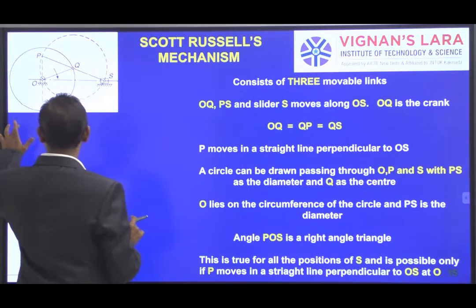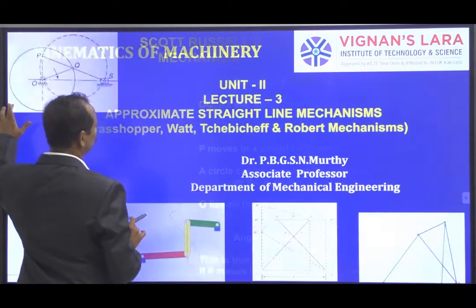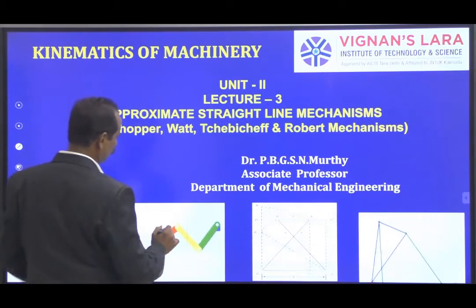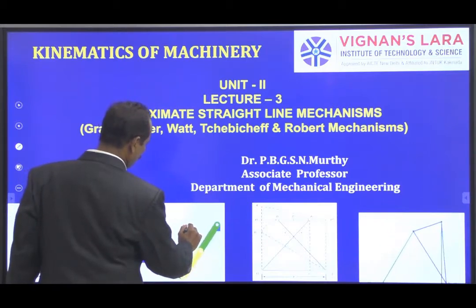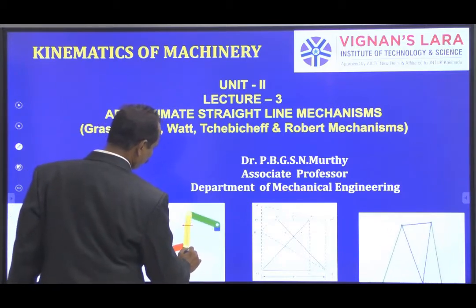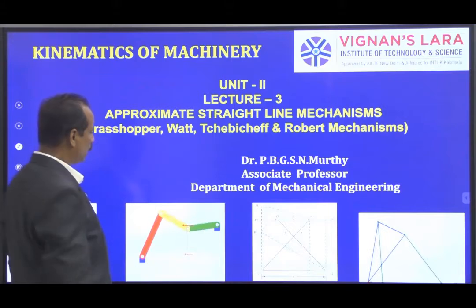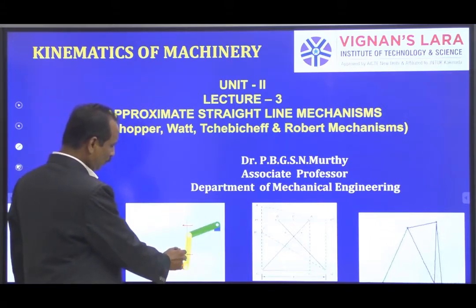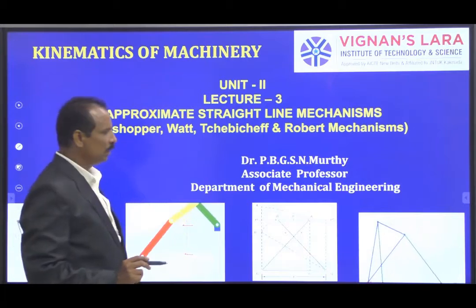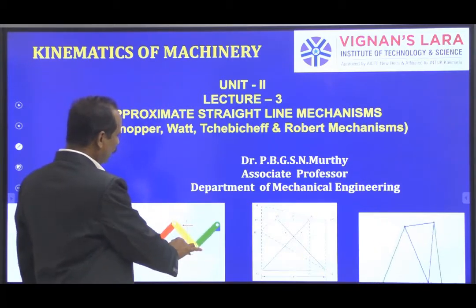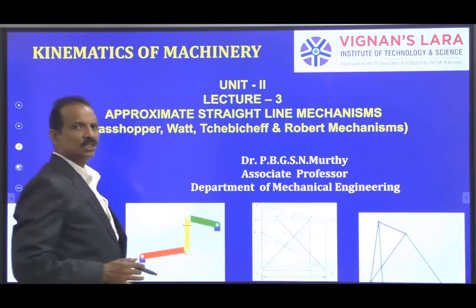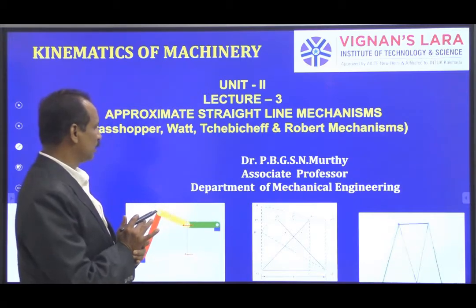This portion is a straight line, whereas the remaining part is not. So it is tracing a straight line from here to here, and the remaining part is not an exact straight line. So partially it is fulfilling the straight line mechanism.